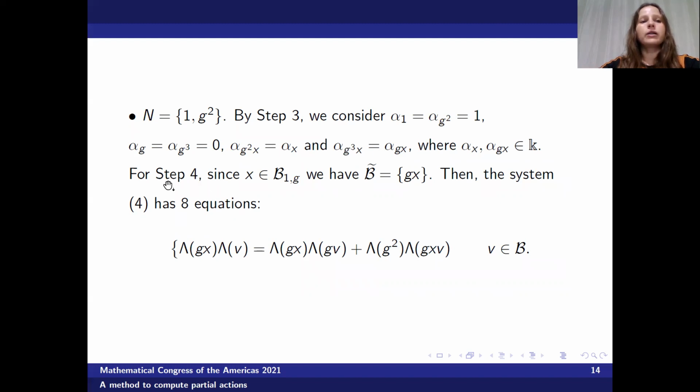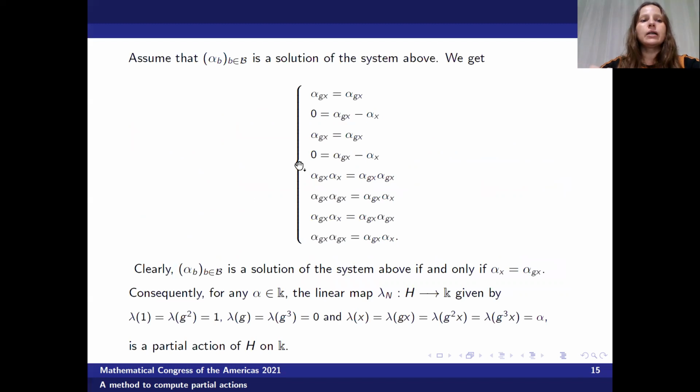For step 4, due to the equivalence relation, the N-reduced partial system associated has 8 equations, right? We get these 8 equations. Clearly, alpha B is a solution of the system above if and only if the two free parameters are equal.